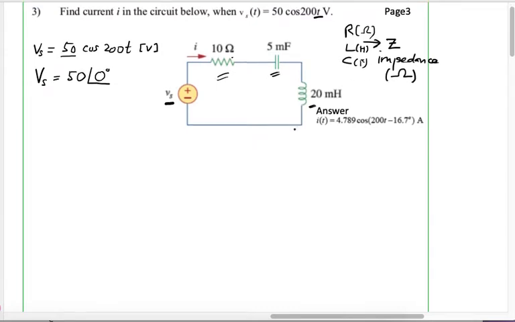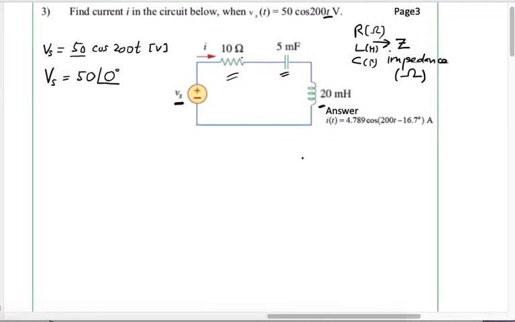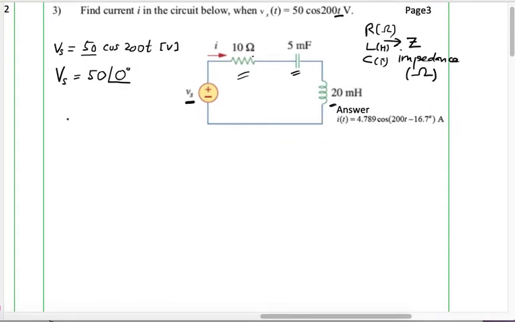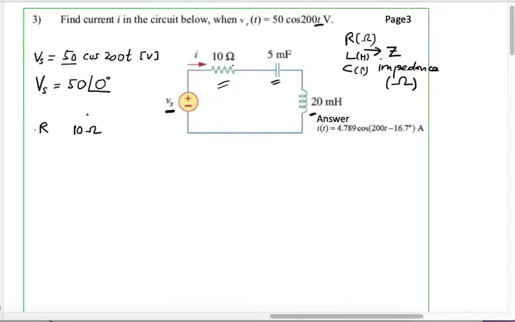So how are we going to change that? First, we need a table of conversion. This is R. So R is a resistor and the value is 10 ohm. So how do you change R? If the resistance value is 10, then Z, the impedance value of that particular resistance, is just the same thing.